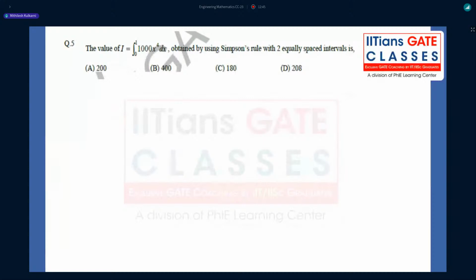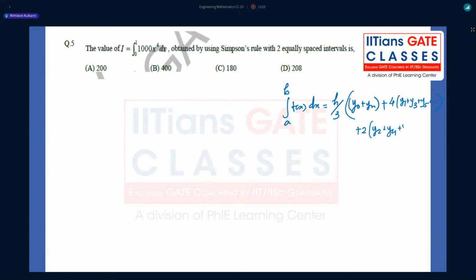So what is Simpson's 1/3 rule? The integration of f of x dx from a to b is h by 3 times [y0 plus yn, plus 4 times (y1 plus y3 plus y5 plus so on), plus 2 times (y2 plus y4 plus y6 plus so on)].